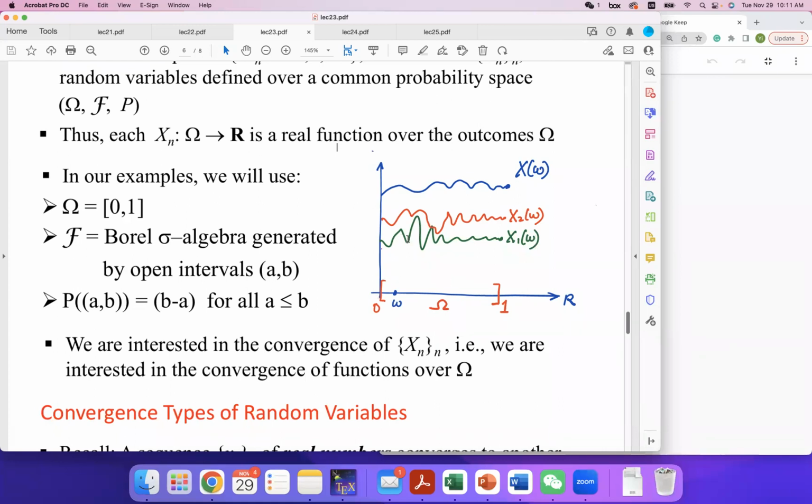For different omegas, it may take different values. That's the realization of these random variables on this outcome. And X2 of omega may behave a little bit differently. It may be a different function defined on this omega space. We have a sequence of these functions that we can draw on this graph, and we want to study how this sequence of functions is going to converge in the limit as n goes to infinity.